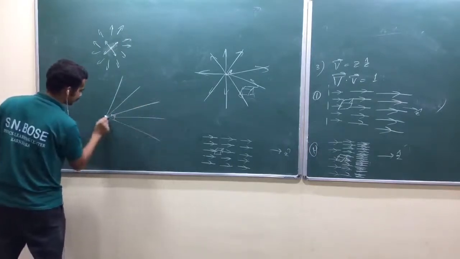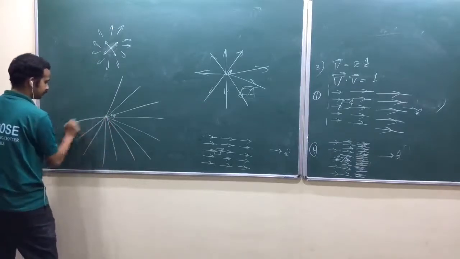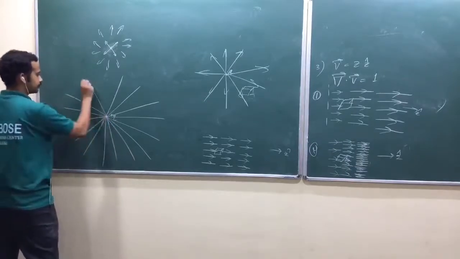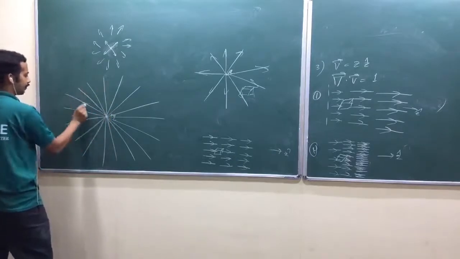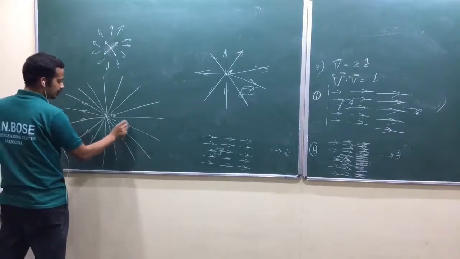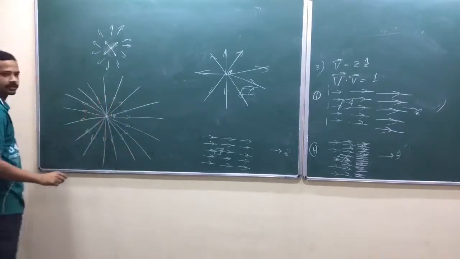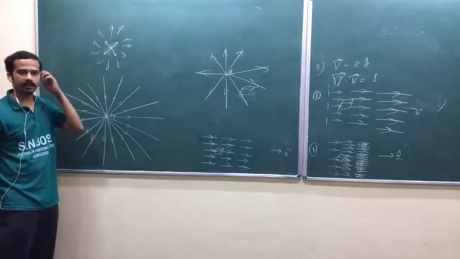Let me draw it like this. So the whole mathematical thing about the electric field says you have to draw electric field like this. Best way of drawing the electric field like this.